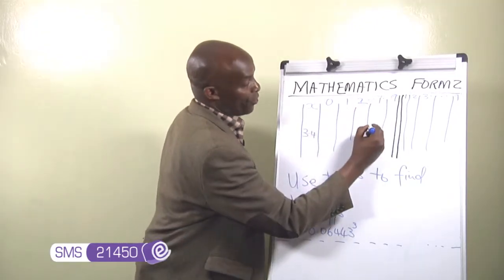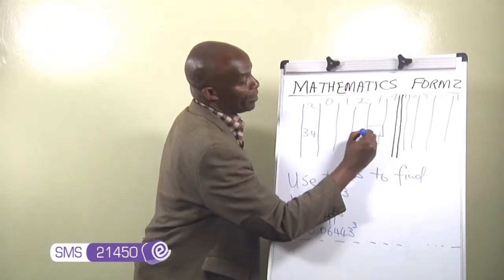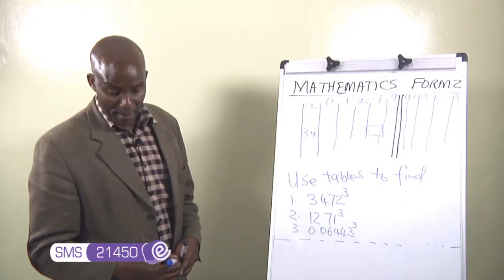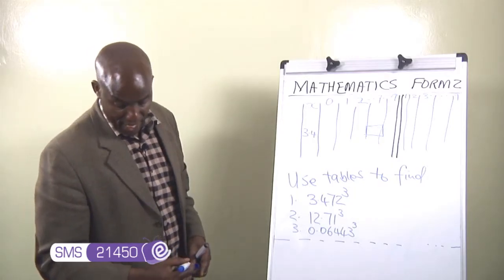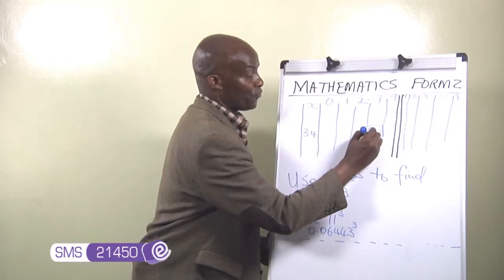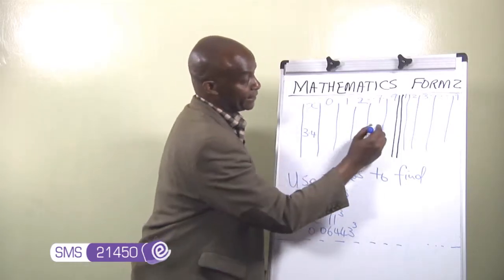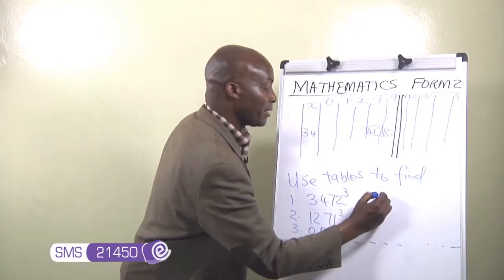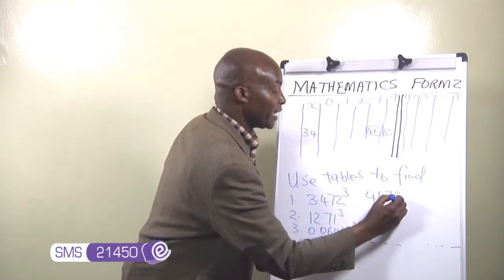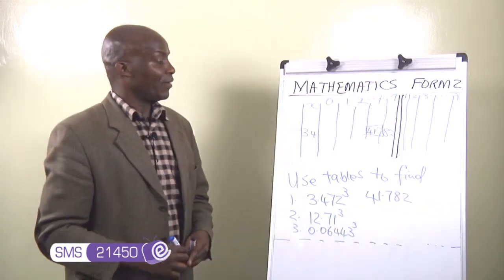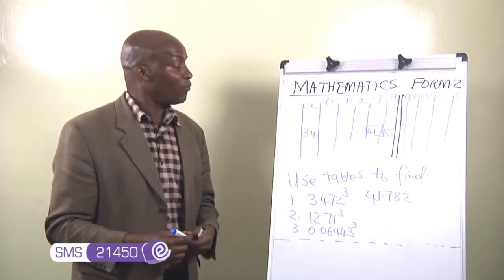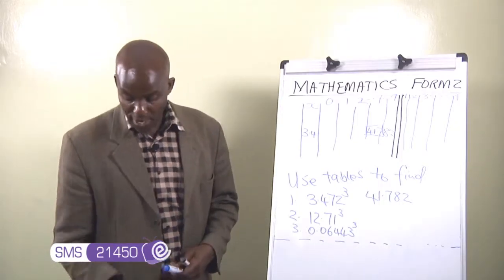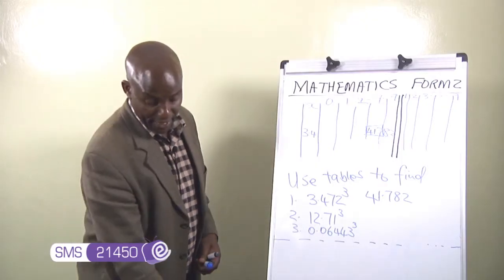So along this row, at major column 7, you find a number there, and that number is 41.782. Now that is telling us that the cube of 3.47 is 41.782.